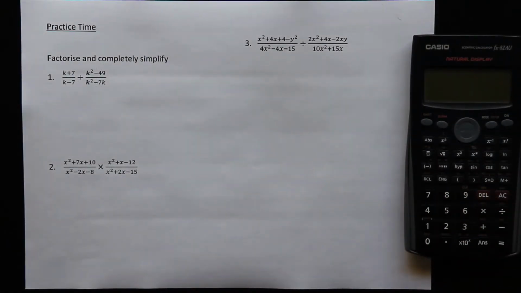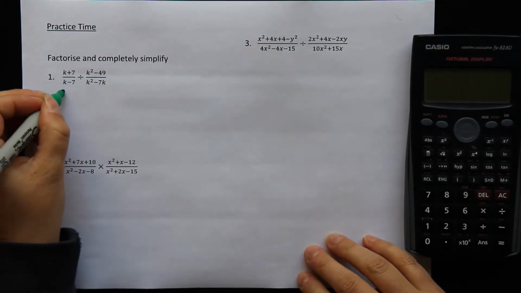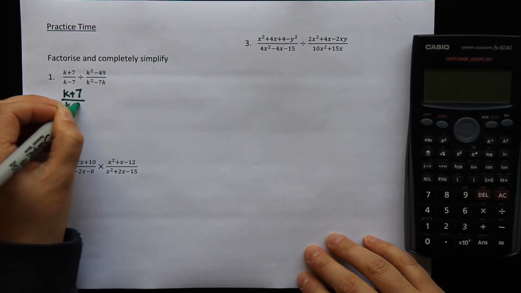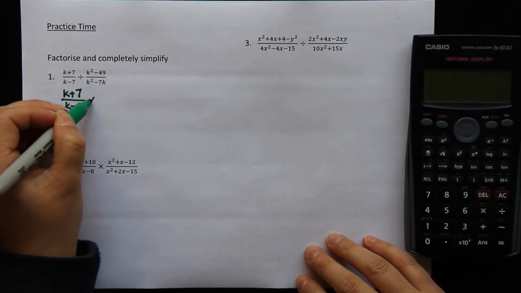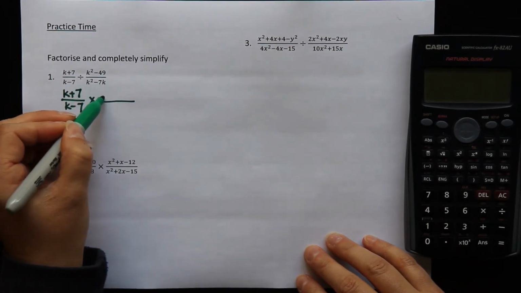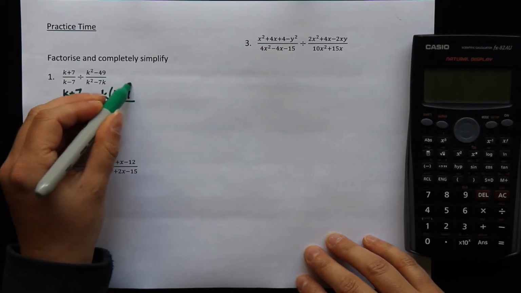Okay, so in question 1, I can't actually factorise anything for this first fraction. So that will stay as k plus 7 over k minus 7. The divide turns into a times, which means that the bottom here needs to come to the top, and I can factorise out a k to give me k minus 7.